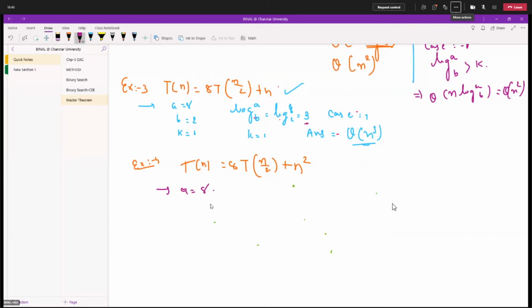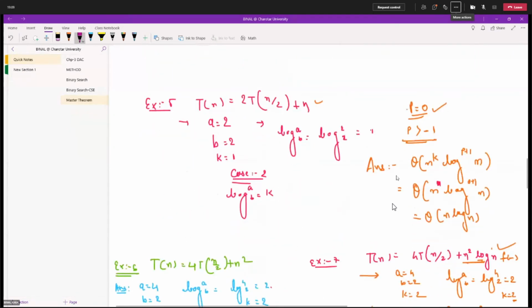What is B value? 2. K value? 2. Yeah, good. Now what is the log A base B? 3. Again same case, because 3 is greater than 2. So the answer is theta n raised to log A base B. What is the value? 3. So again it is theta n cube. This is the complexity. Okay. Next case.